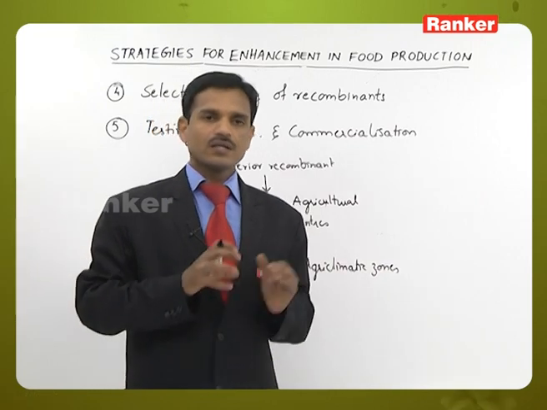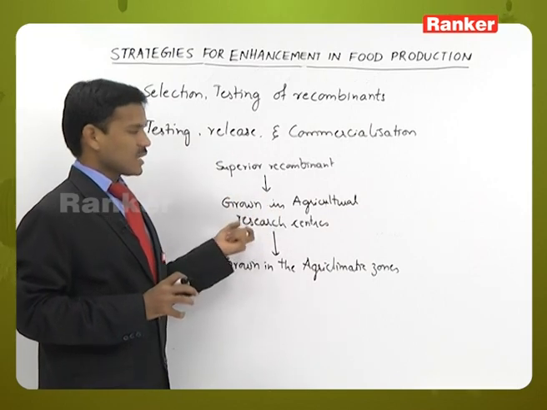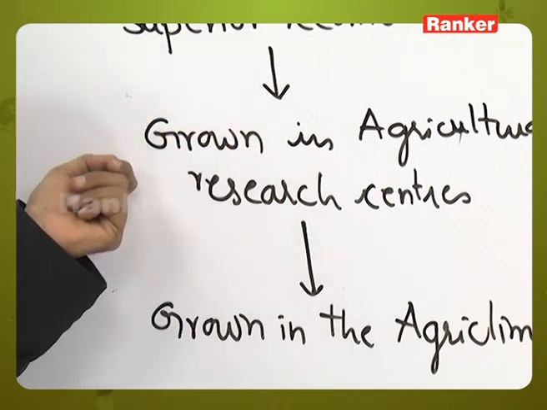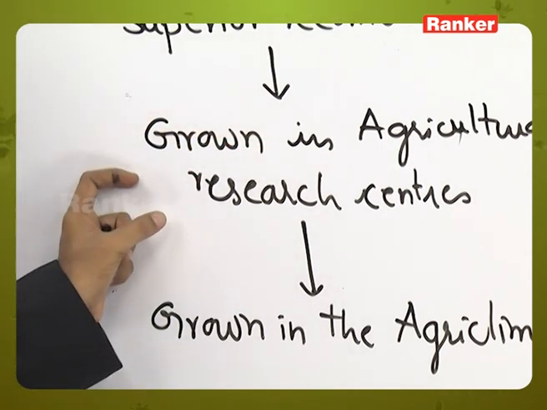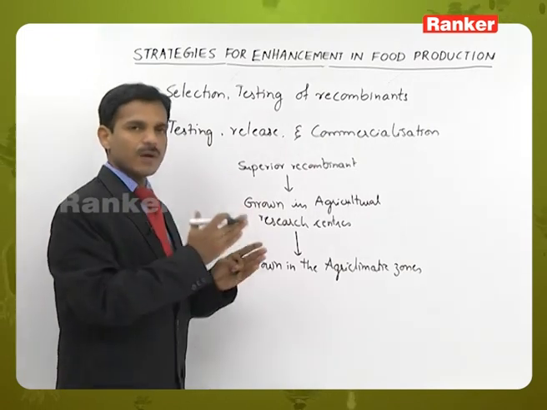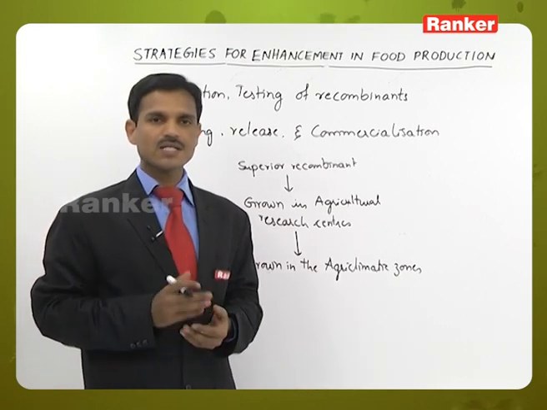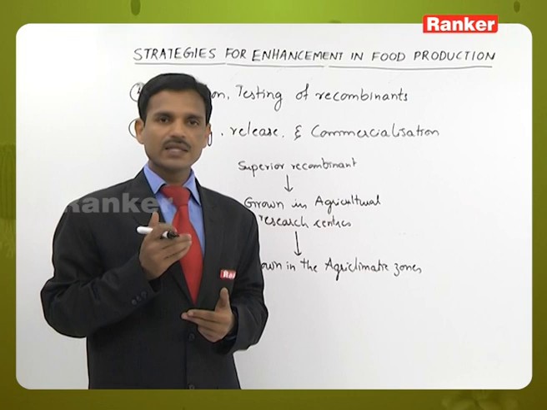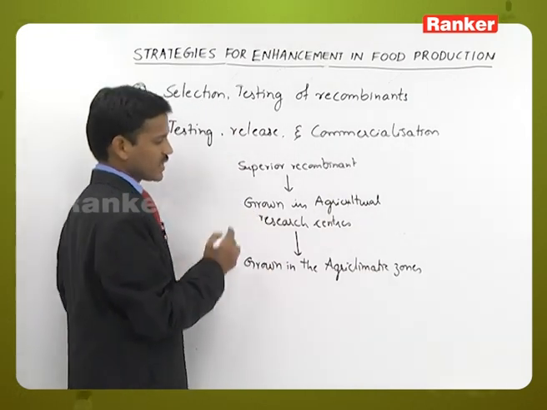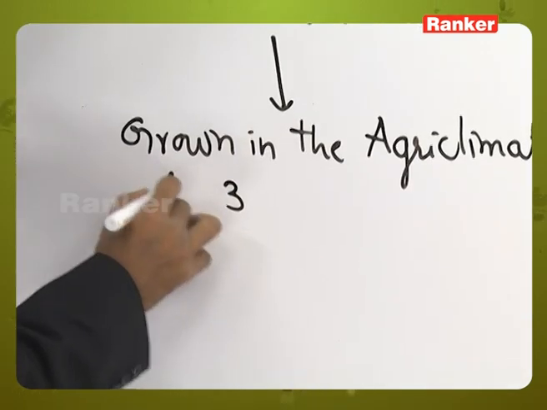The superior recombinants are tested in one agricultural research center, and they show proper growth there. But the same plants may not show proper growth or the two desirable qualities in other regions. That's why they are tested in different agri-climatic zones.